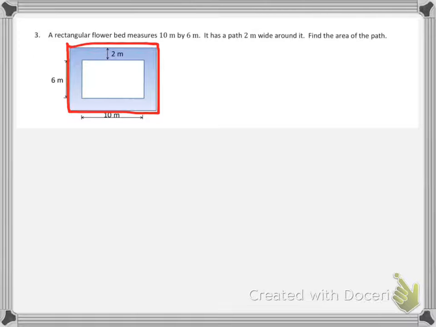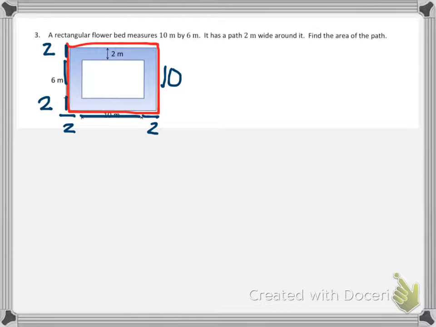And the way we're going to do that is realize that this is 2 meters up on top here, and also 2 meters down here, plus the 6 that's in the middle. So 6, 8, 10, that's a 10 meter by, and then if I look at the width, I've got 10, and then another 2, and then another 2.